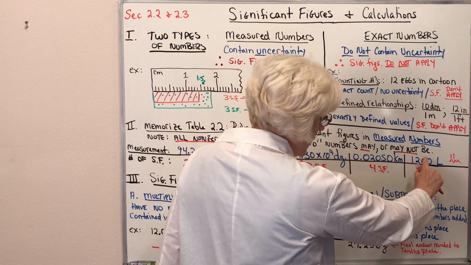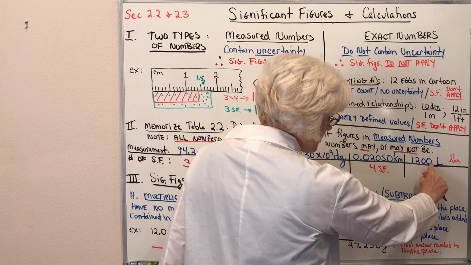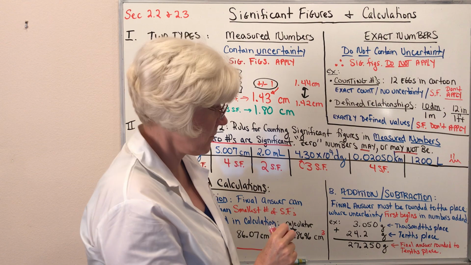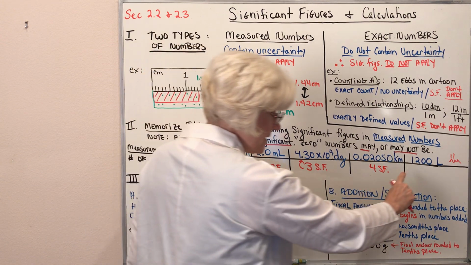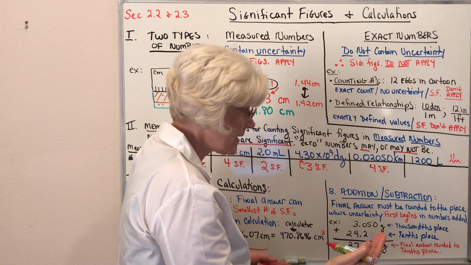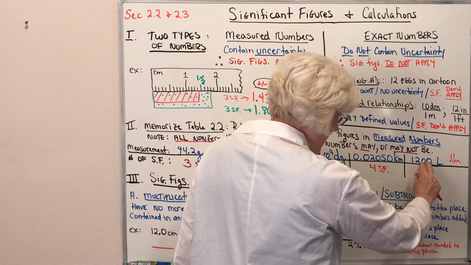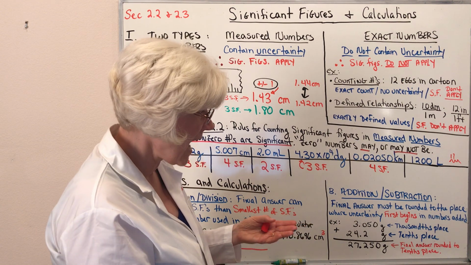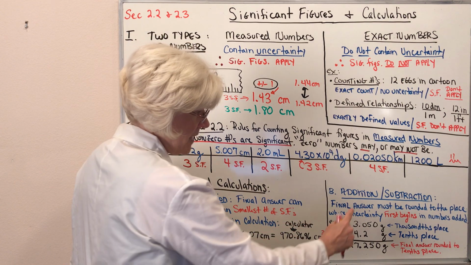This is a number which ends in zeros to the left of an implied decimal point. So a decimal point is not showing here, it is implied, and the question is, are these zeros significant or not? Where is the actual uncertainty in this measurement?